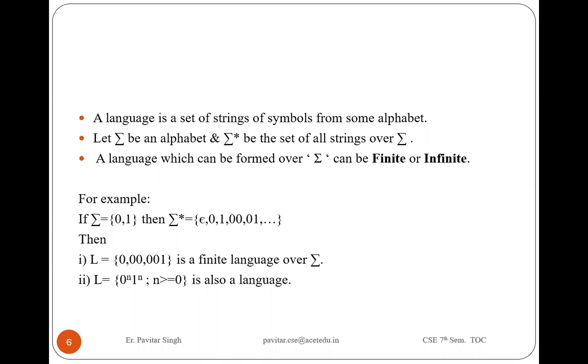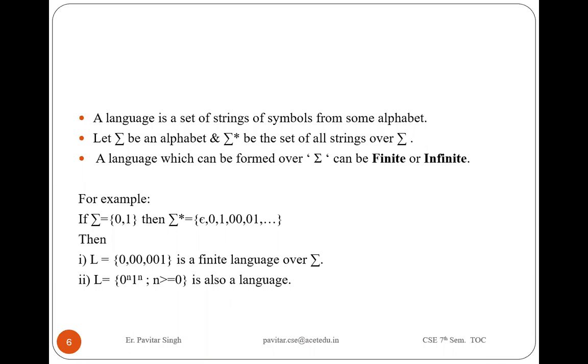For example, sigma is equal to 0 comma 1, then sigma star is equal to epsilon, which means zero occurrences of 0 comma 1. Epsilon means your empty string. If you have these two alphabets, first of all you make the strings. If you have zero occurrences, you write it with the help of epsilon.